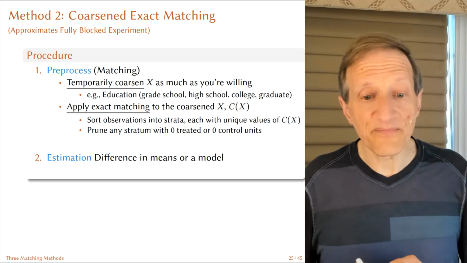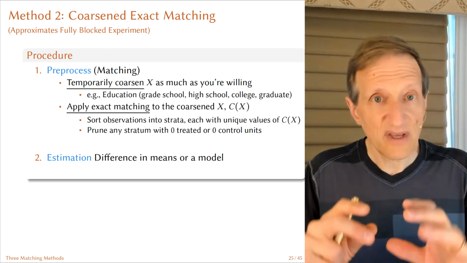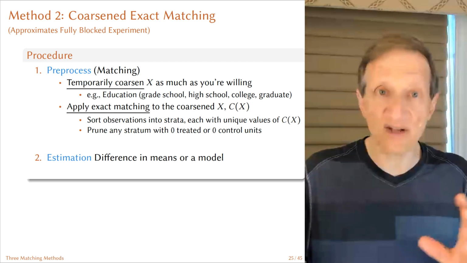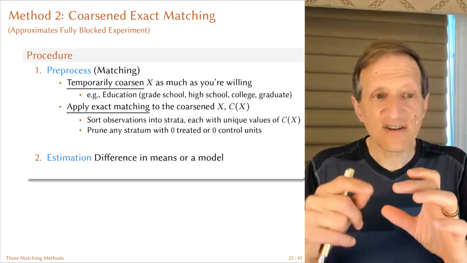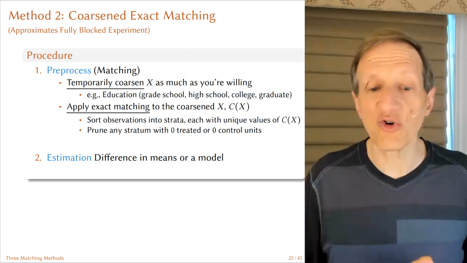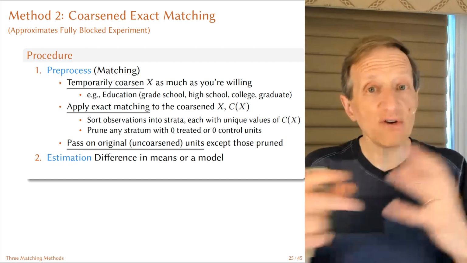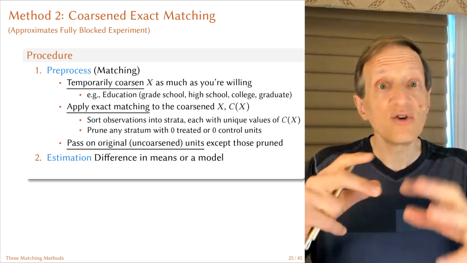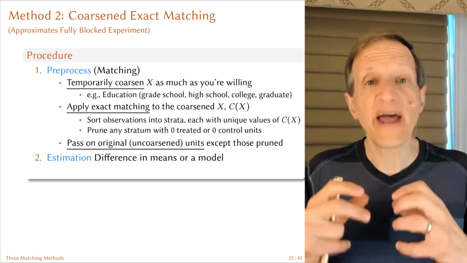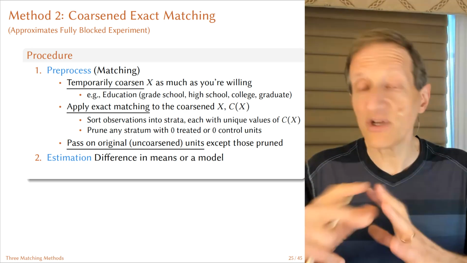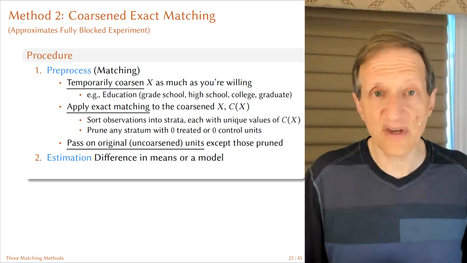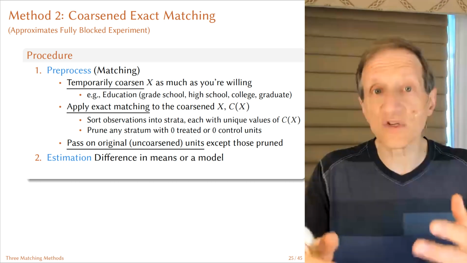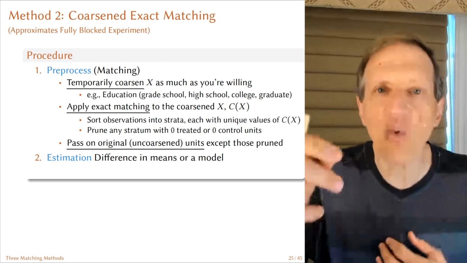You then prune any stratum, defined by the cross product of all the explanatory variables, that doesn't have at least one treated and one control unit in it. And then when you're done, you've pruned out some observations. You take the remaining observations and you pass them on to the analysis stage. But you don't keep the coarsening. You keep the individual uncoarsened original data that you can use if you choose to model, but the model won't matter as much.